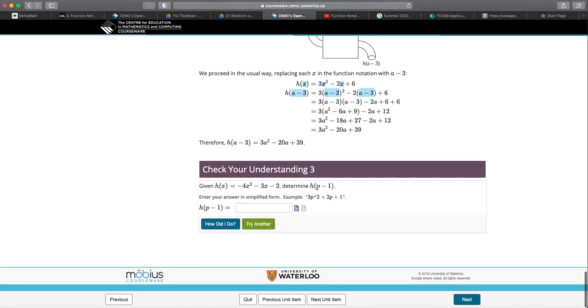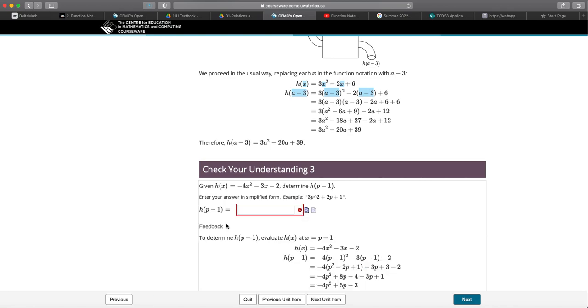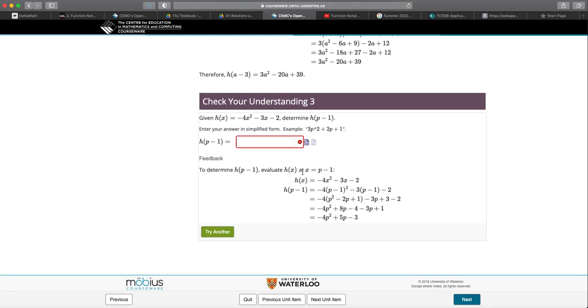We can try another. This one, I would say you probably need a pencil and paper to substitute your p minus 1. Just like we did the 4 above, you have to put in p minus 1 for x. Then as you expand the brackets and simplify, you end up with an answer. If you click how did I do, it says I got it wrong, but then it shows you the explanation of how it went through it.